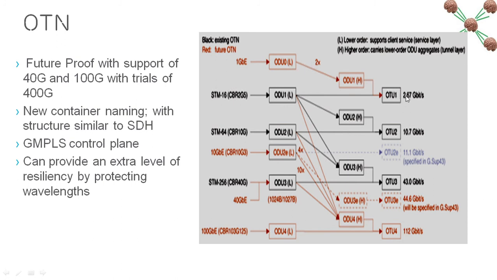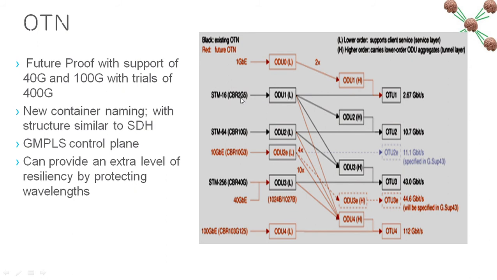The lowest line signal in OTN is 2.67 gigabit, almost 2.5 gigabit. So if you have one GE as a client, you can multiplex two of these clients and fill this.